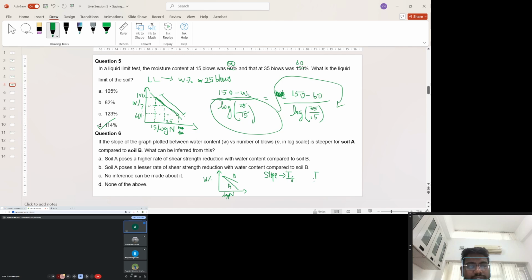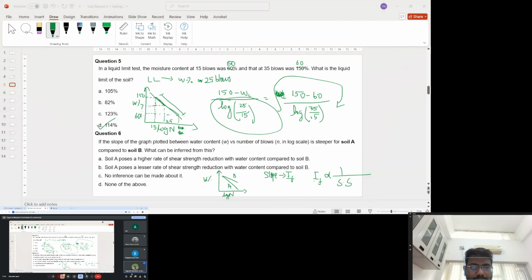And the flow index is inversely proportional to shear strength, right? Is it clear?